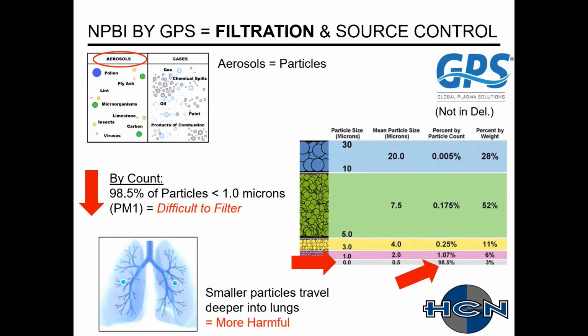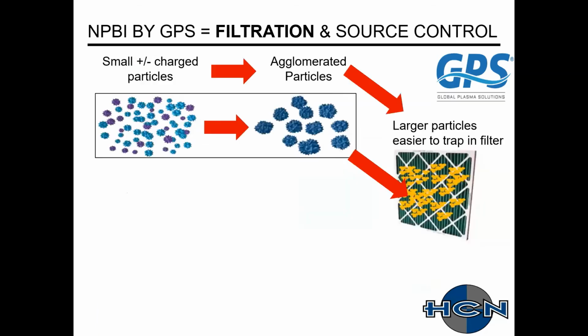By particle count, more than 98% of particles are less than 1 micron in size. Obviously, something that small is difficult to filter. The other problem with these small particles is that they travel deeper into the lungs, and obviously, once again, that would be considered more harmful.